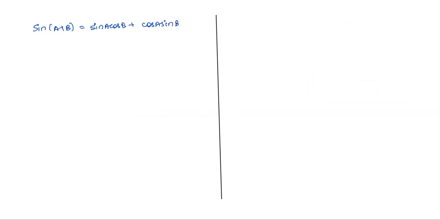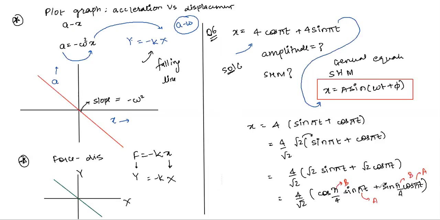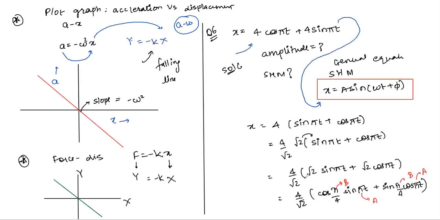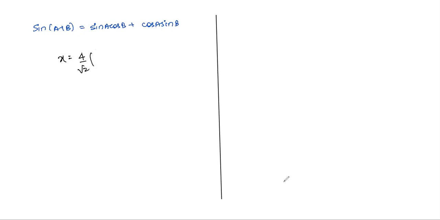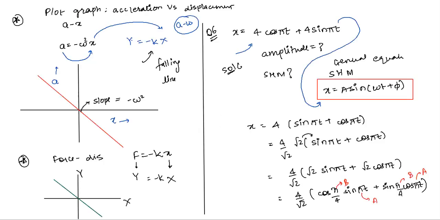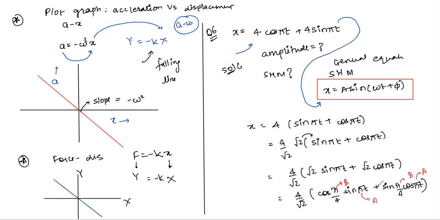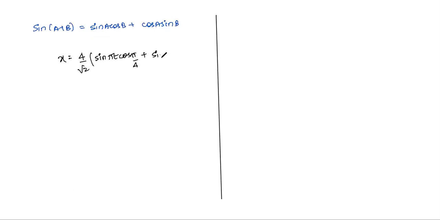And from there we are coming to this topic. When I'm given the expression of x, I had x equal to, see here, I'm writing the last step again, 4 by root 2, then we wrote sine pi t into cos pi by 4 plus sine pi by 4 into cos pi t.